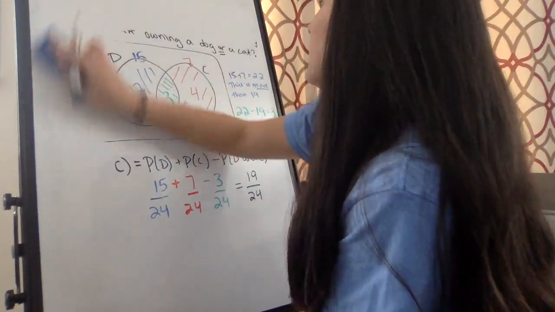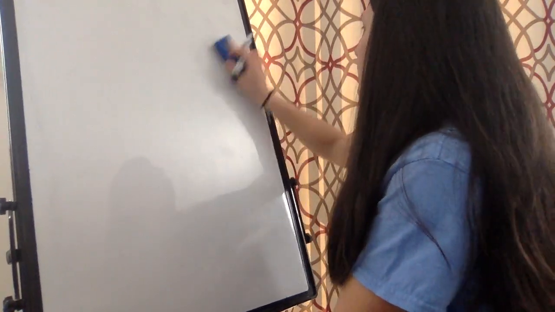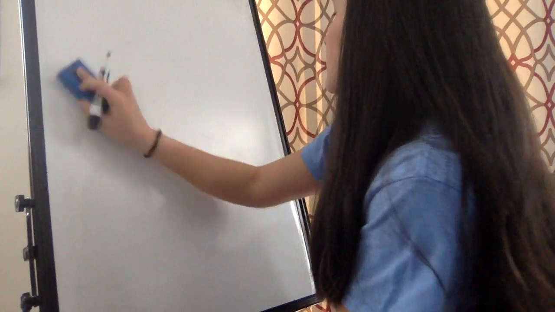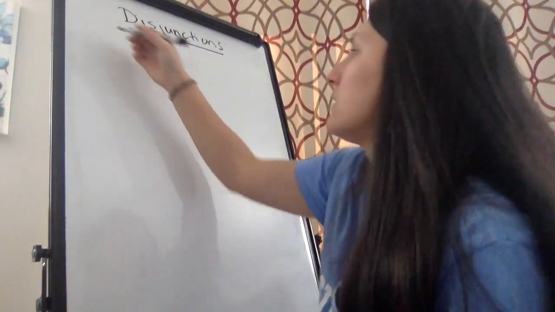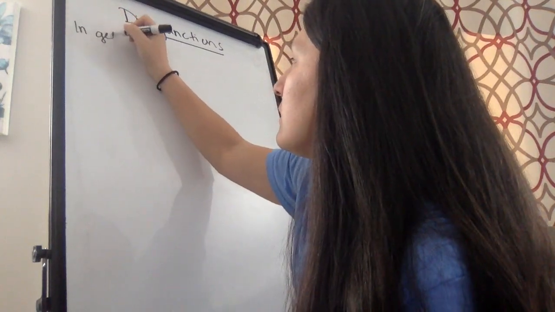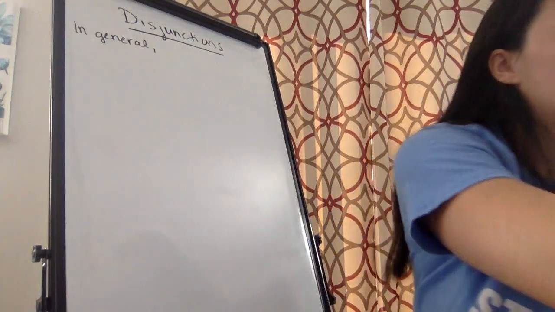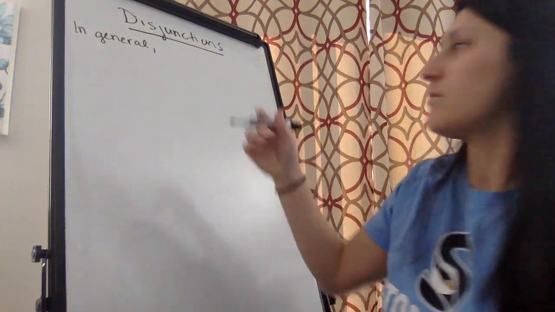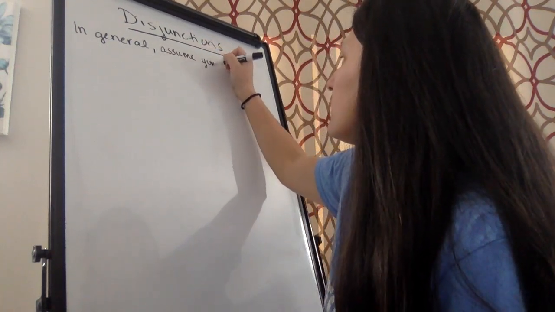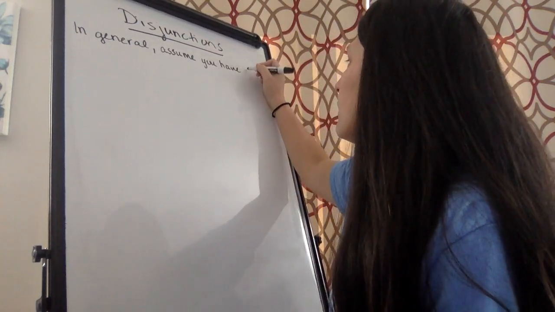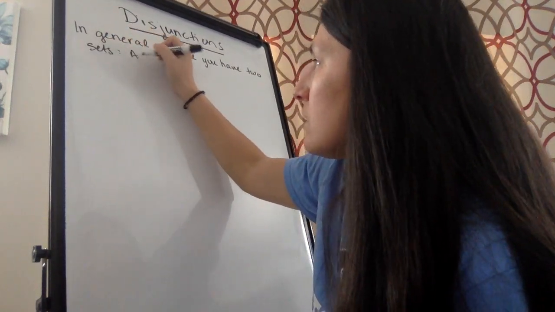All right, so in general, let's assume you have 2 sets. And we'll call them A and B, just for simplicity.